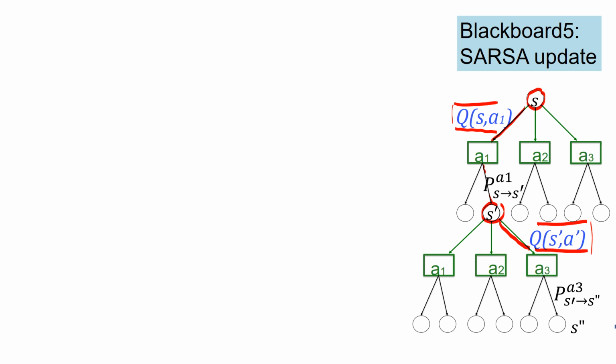What's the difference? Well, the difference is that on the way, on this link, we have got a reward. Maybe the reward was 0, but in general, we may have got a reward here, the reward at time t. So from the diagram, we can read off a Q value, Q of S A1, which is approximately the Q value in the next state, S prime, A prime.